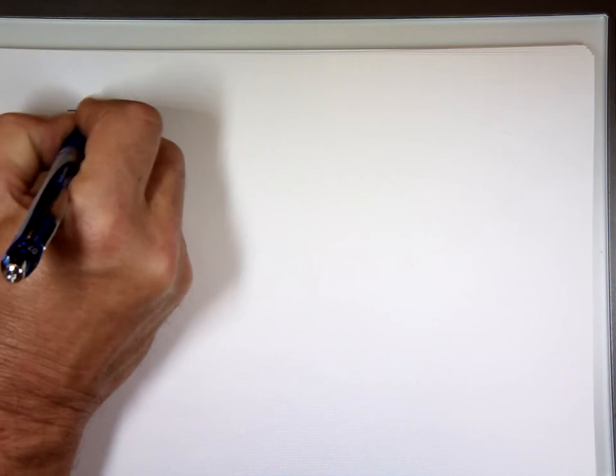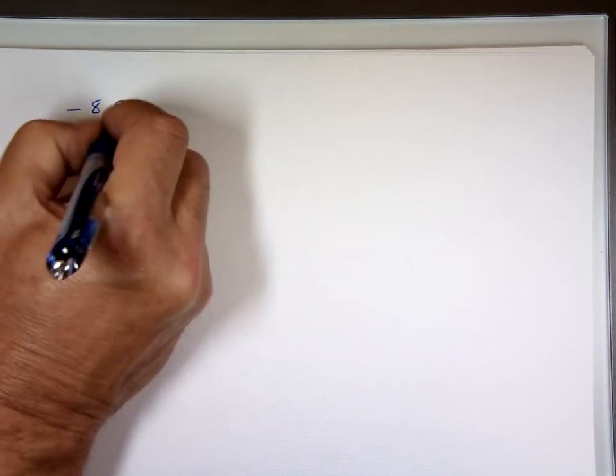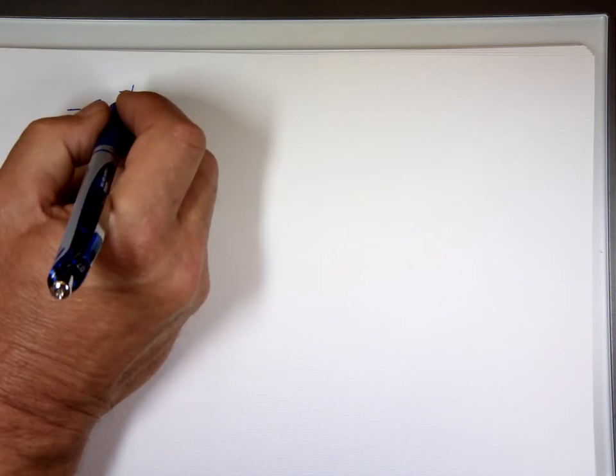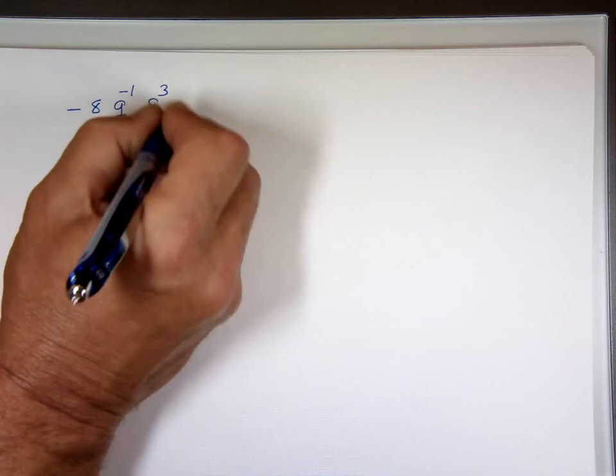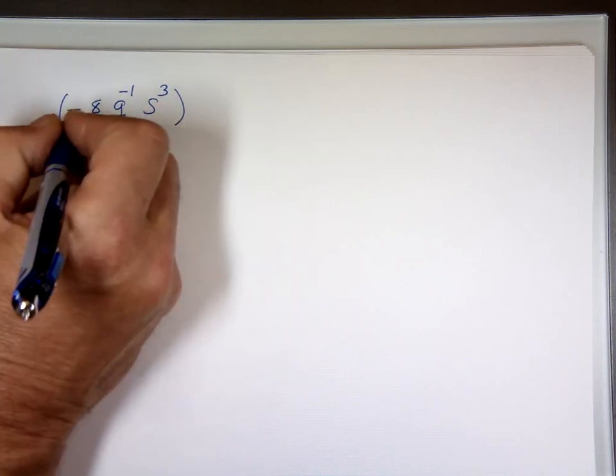Let me try to take some big problems from our book there and see if we can simplify that. Negative 8 g to the minus 1 s to the 3 power, the whole thing raised to the power of 2.